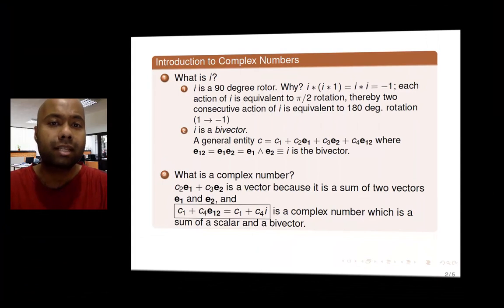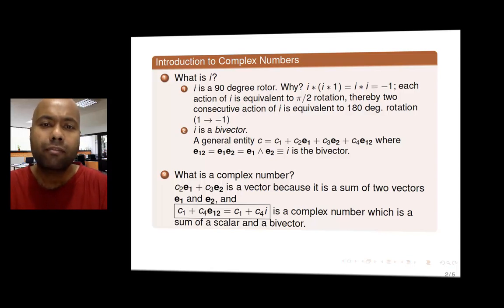Today, we will be learning about complex numbers and their applications. So, let us get started. Before we can define complex numbers, we must know what is iota, which is regarded as the quintessential complex number.